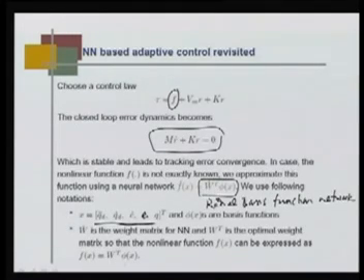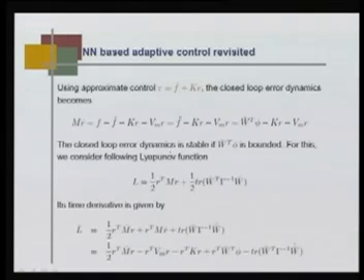Now we know the basis functions phi x because we know the input, but we do not know W transpose. So we have to update the weights, that is, find W hat dot, such that we can again establish the system is stable. That we always do using a Lyapunov function method.